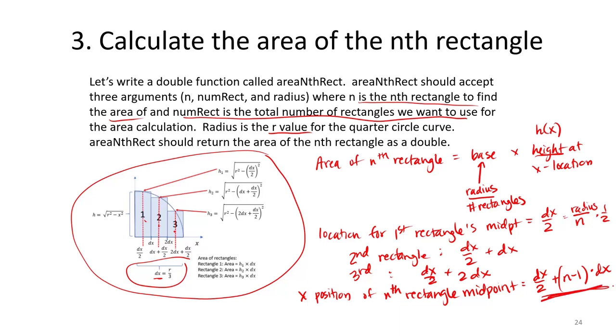So we can use this equation and plug in that x position to h of x. If we know base times the height at the midpoint, that gives us our area of the nth rectangle.